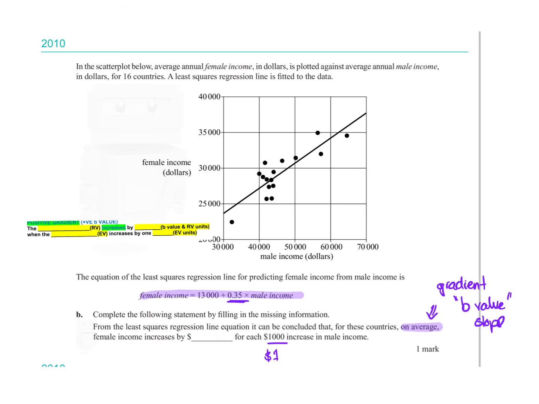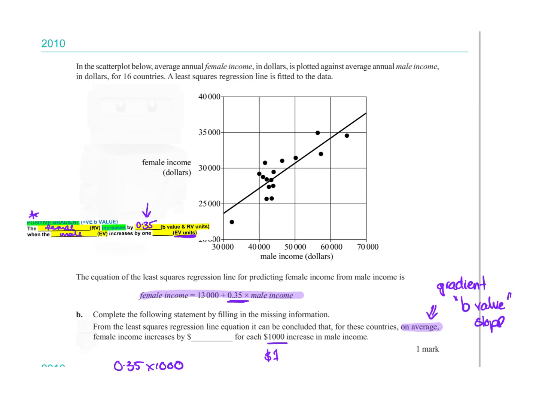So here, when we're asked to interpret the gradient, we would say the female income increases by, and normally we'd put the gradient there, so 0.35, when the male income increases. Now we just say 1 unit normally, so they're actually saying when you increase by 1,000. So if it increases by 1,000, it means we have to times our gradient number by 1,000, because it's not talking about 1.